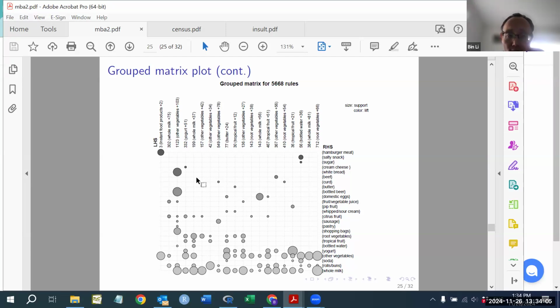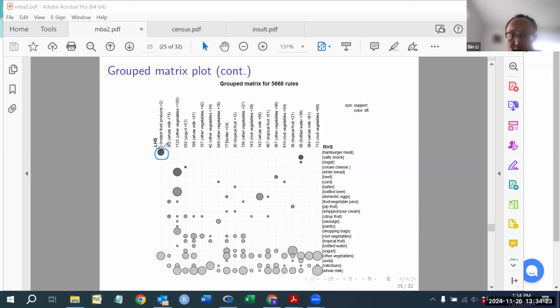So here you can see, look at the size and the darkness. We are interested in this bubble because it has pretty large support. That's good.